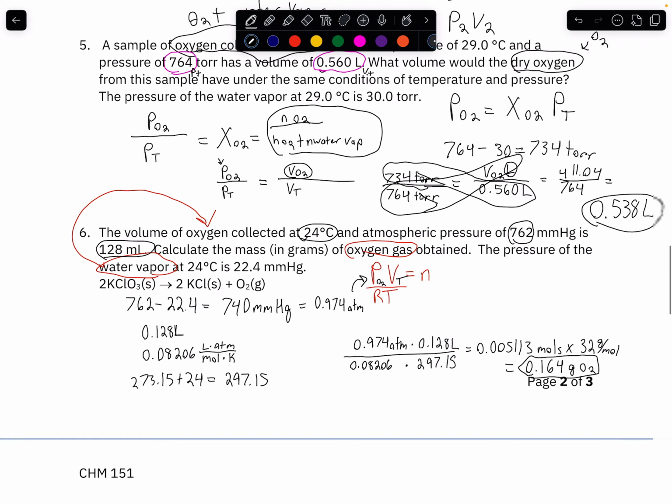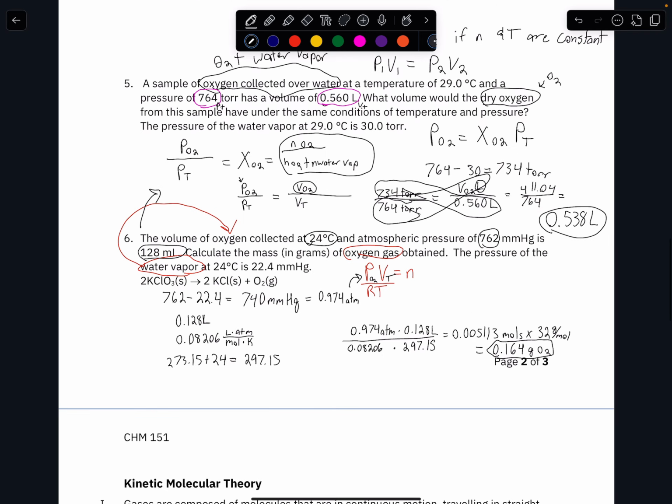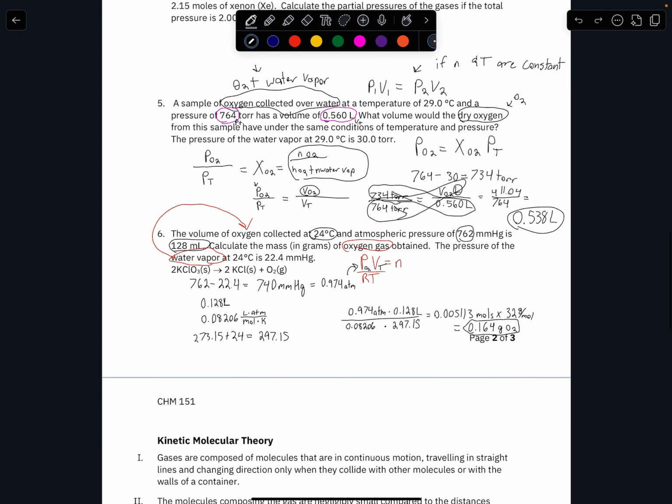And if we were going to do that, we would use the equation from number 5 again. But I didn't want to confuse you in that sense of doing that and then taking the partial pressure, because that, again, is double dipping. You're getting too far down the chain of having partials. So you're having a partial of a partial, making it super small. And what we want is exactly 0.164 grams of O2.